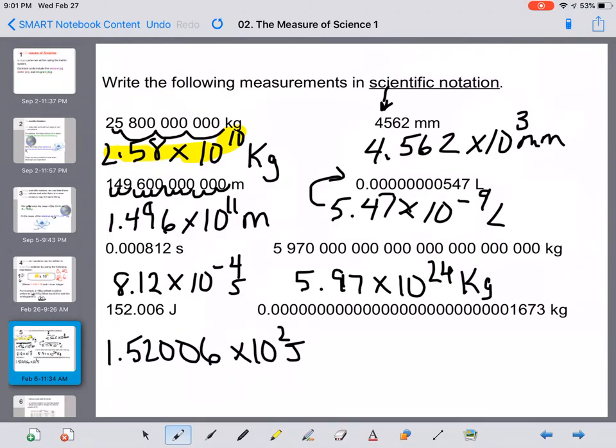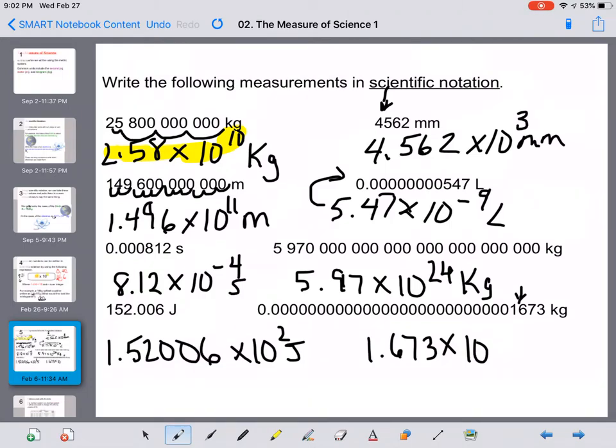And in the last one, I'm counting how many zeros I have in this big string of numbers, so 1.673 times 10, and then I'm moving 1, 2, 3, 4, 5, 6, 7, 8, 9, 10, 11, 12, 13, 14, 15, 16, 17, 18, 19, 20, 21, 22, 23, 24, 25, 26 jumps to get just before the 1, and then I need one more jump to get so I'm between the 1 and the 6.